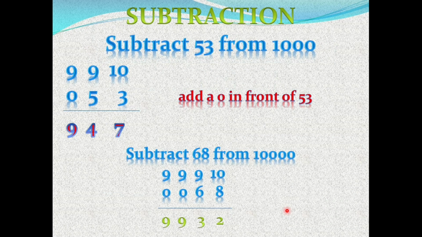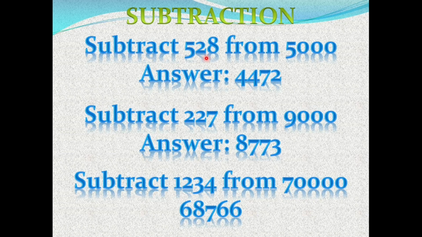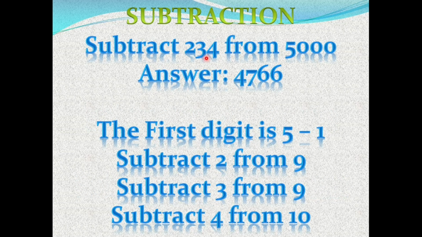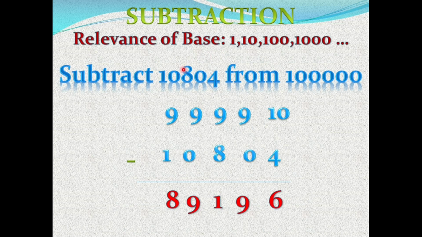And coming to the next one, it is a small one. In the previous cases, whatever I am subtracting is just one digit less than the other one. Like 5000 is 4 digits and 234 is 3, and 600 is 3 digits and 87 is 2, and 1 lakh is a 6 digit number, and 10804 is a 5 digit number.